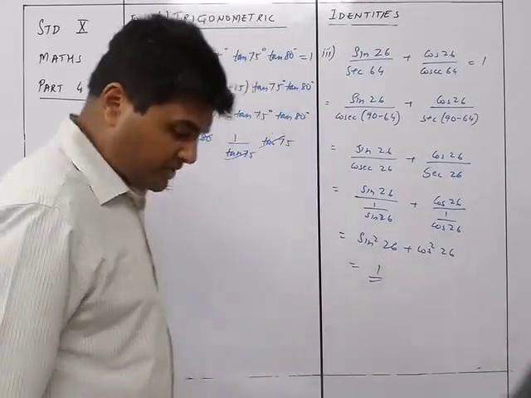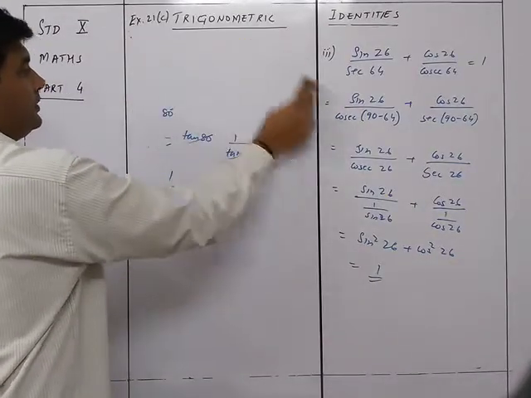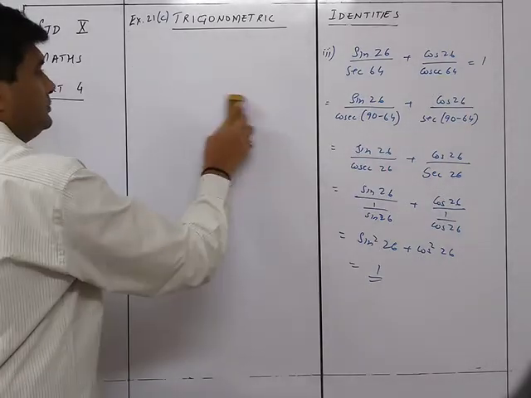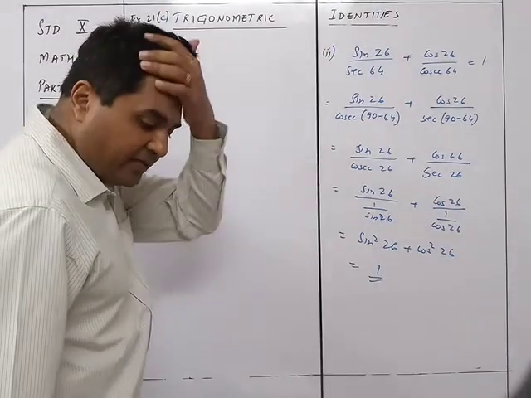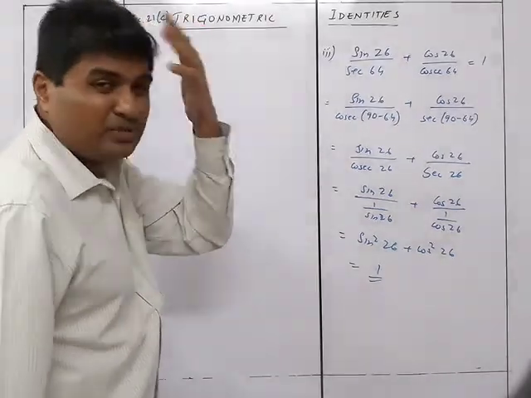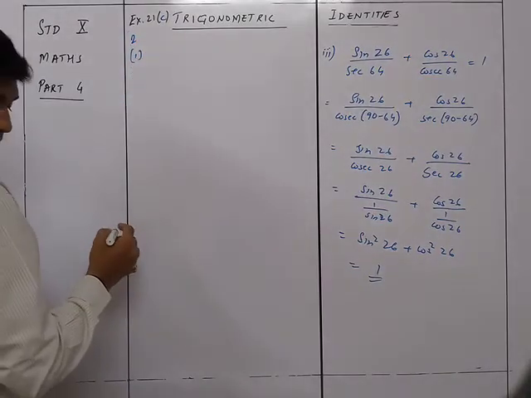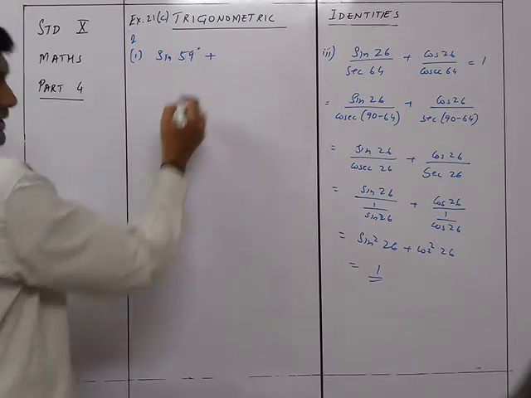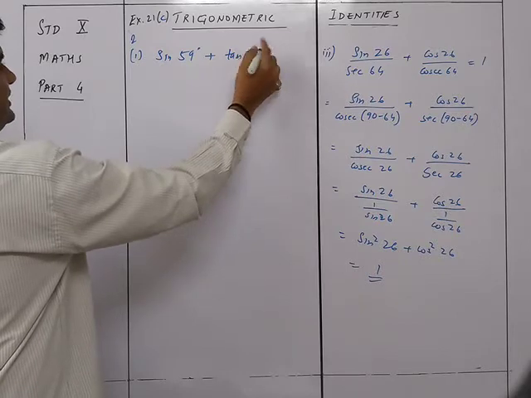We move on to sum number second. Express the following in terms of angles between 0 and 45 degrees. Oh, that's the most silliest question. You just need to convert this 59 degrees into any degree which is less than 45 degrees, and the 63 also.